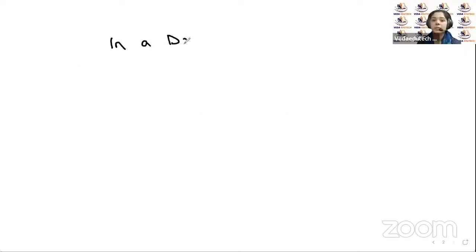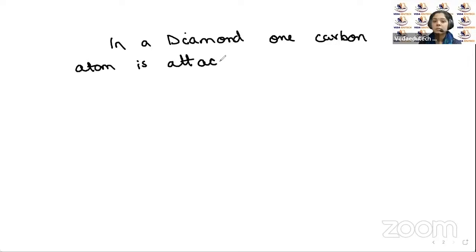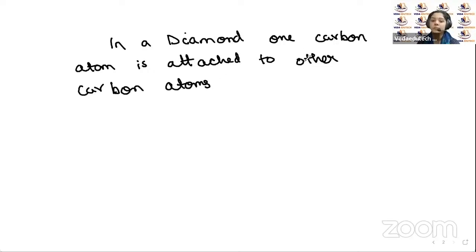In a diamond, one carbon is attached to other 4 carbon atoms.